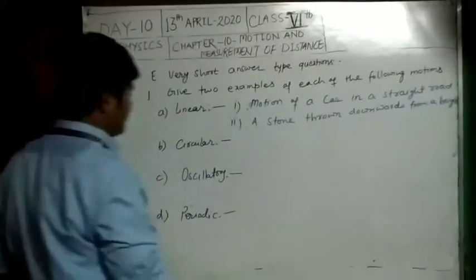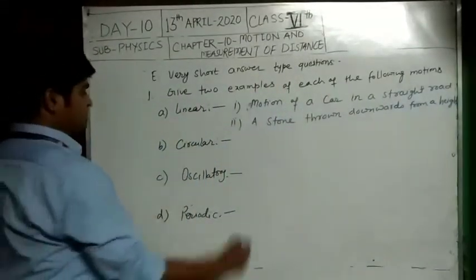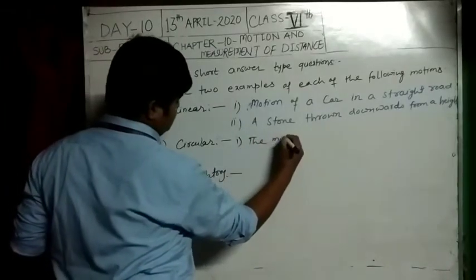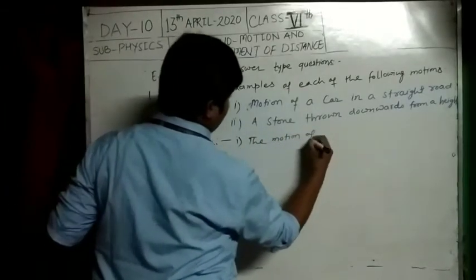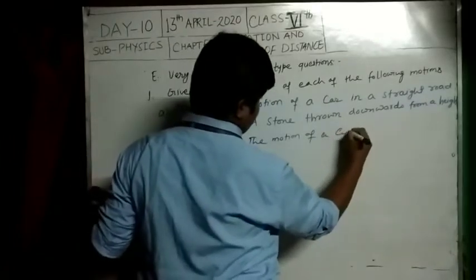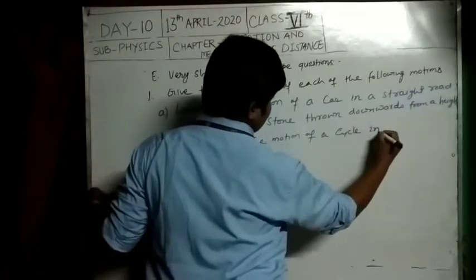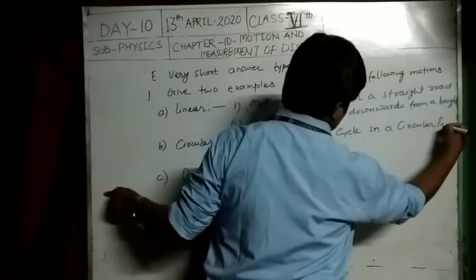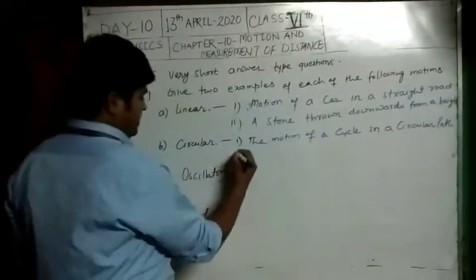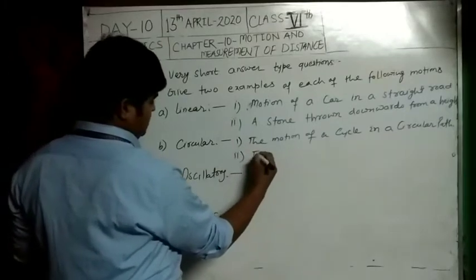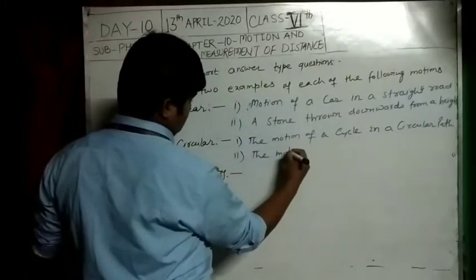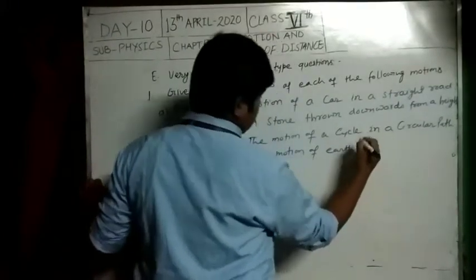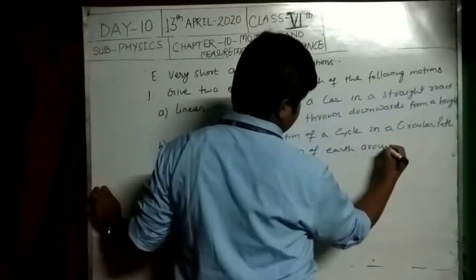Now circular motion. The motion of a cycle in a circular path. And second example, the motion of earth around the sun.